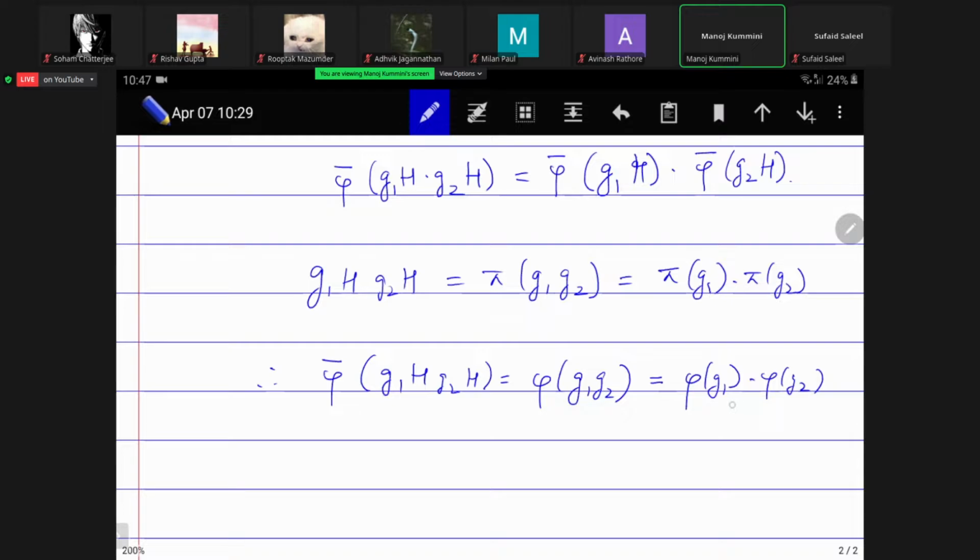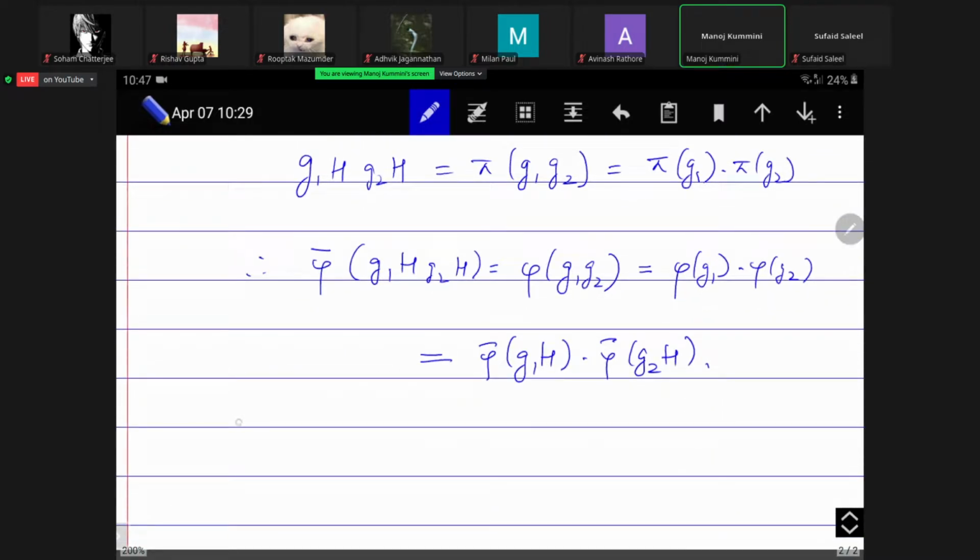That's because phi is a group homomorphism. But what is this? This is phi bar of g1H times phi bar of g2H, which is what we wanted to do. Therefore, phi bar is a group homomorphism.